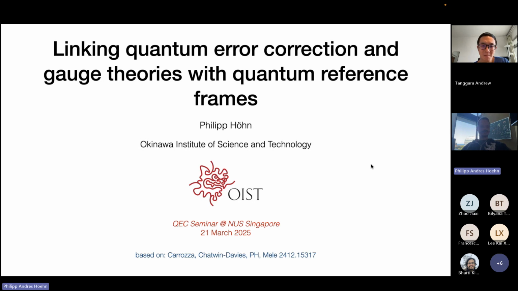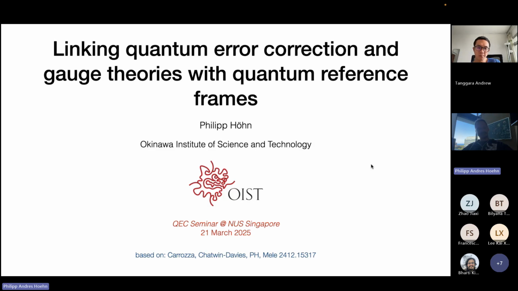This talk will be basically about linking two different fields, quantum error correction on the one side and gauge theories on the other. There have sometimes been some folklore, some heuristic claims that there's a link between the two. What I want to try to convince you of is that there's indeed a very precise dictionary between the two, and the mediator is played by what are called quantum reference frames. I will try to explain what quantum reference frames are.